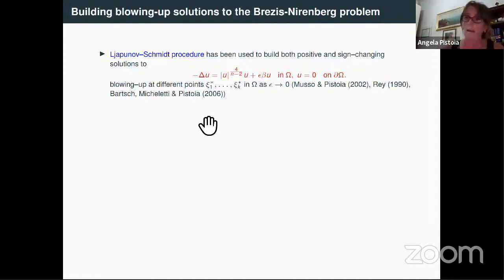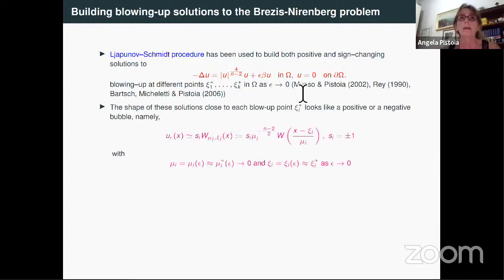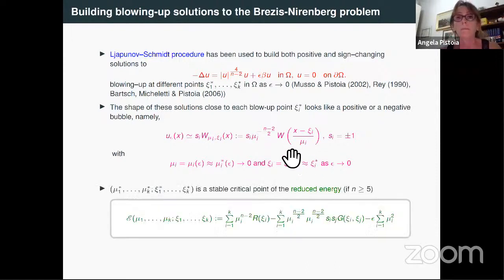And this was done using a Lyapunov-Schmidt procedure. So using this procedure, one can build a solution to the Brezis-Nirenberg problem which blows up at one or more points in omega.